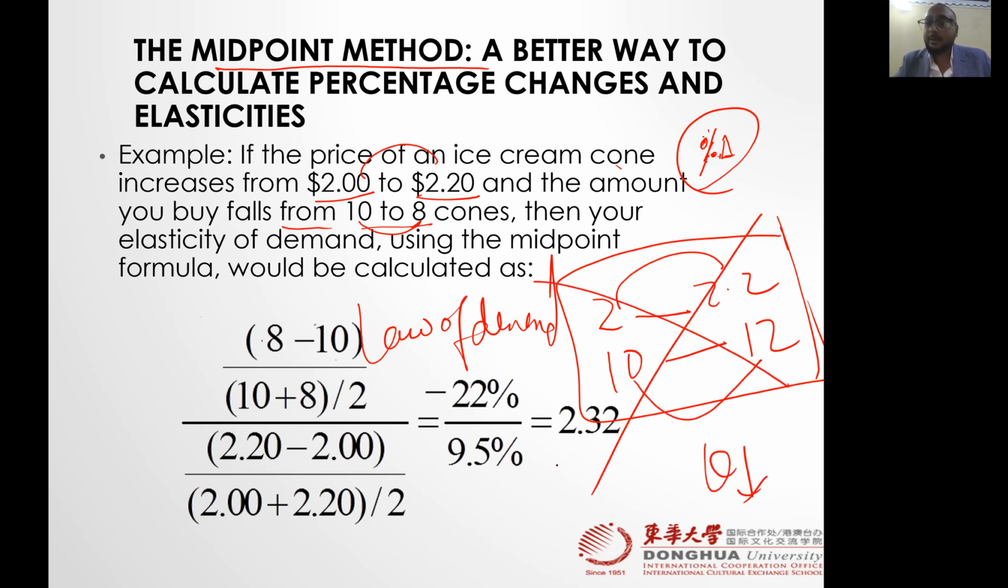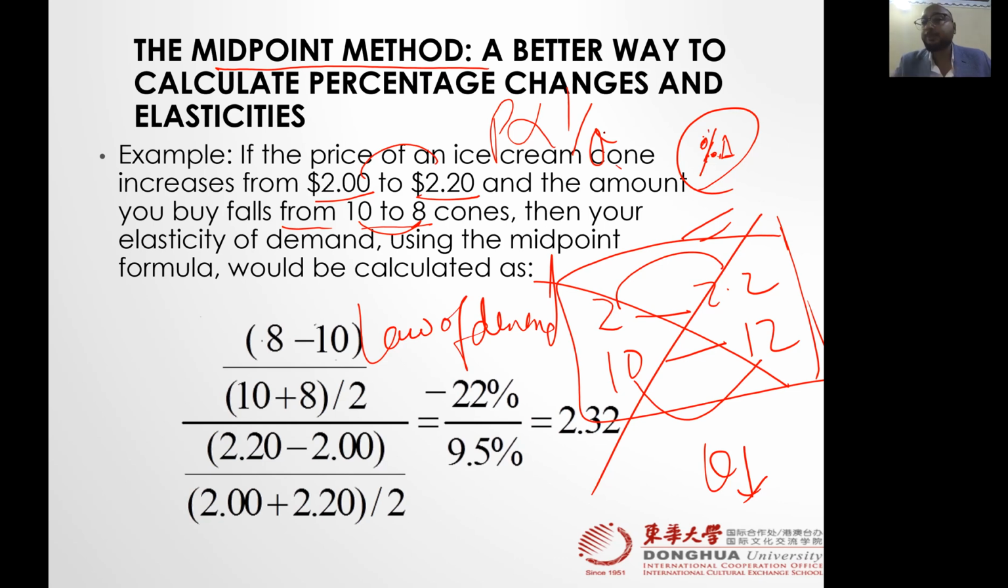So this doesn't follow the law of demand, so we cannot calculate price elasticity of demand. This may follow the law of supply, but cannot follow law of demand. So be very careful regarding the relationship between price and quantity when we are talking about price elasticity of demand. When we talk about demand, then price and quantity are inversely related.